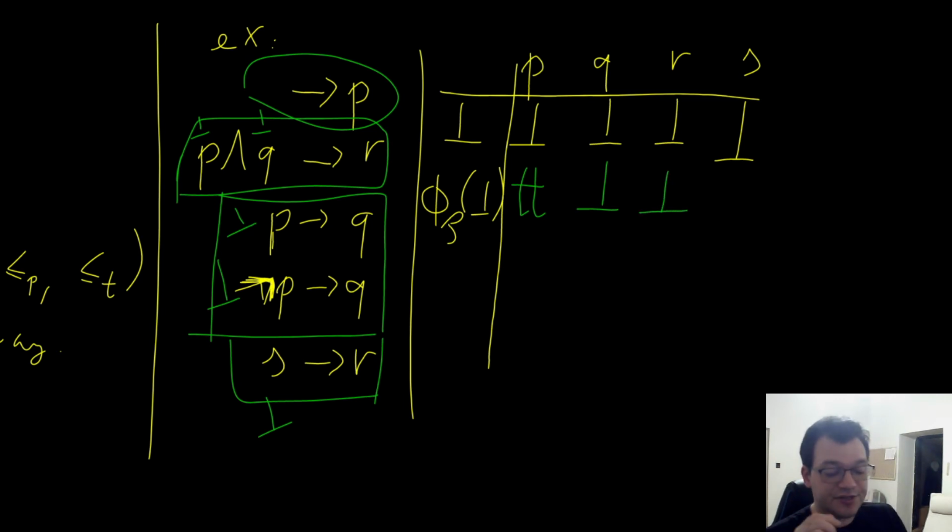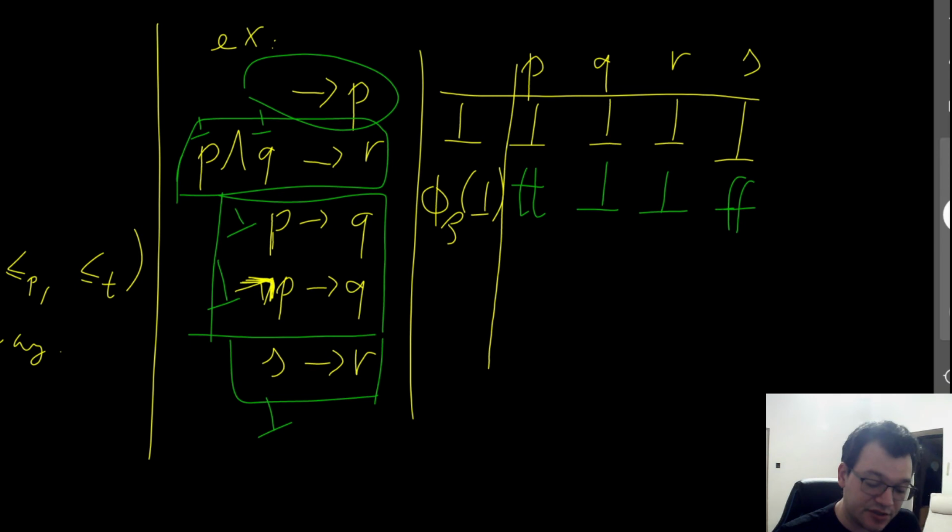Now for S, there is absolutely no clause with the right hand side being S. That means that I have to compute the value of an empty disjunction, and an empty disjunction is just false. So if there is absolutely nothing which would entail S, then S will be set to false.